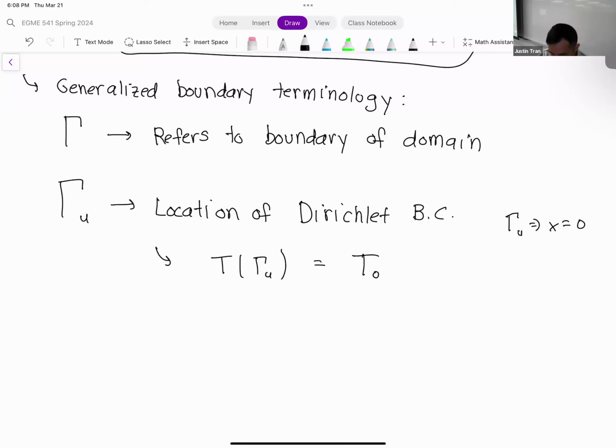And then gamma T, this refers to the location of the Neumann boundaries.